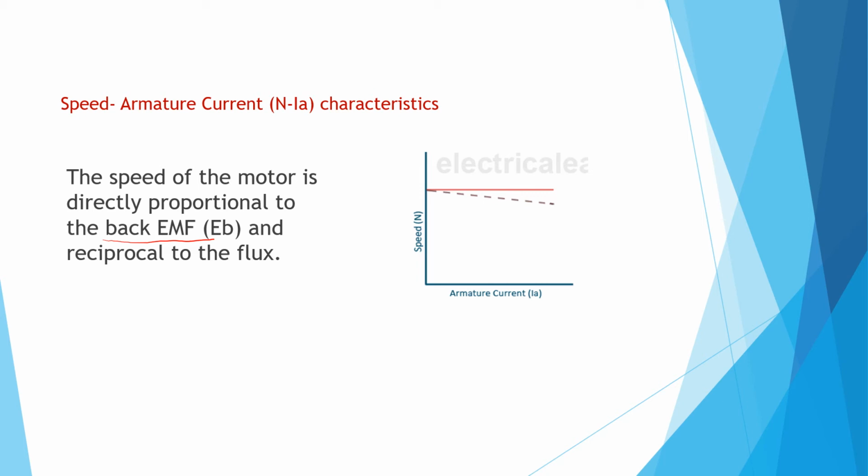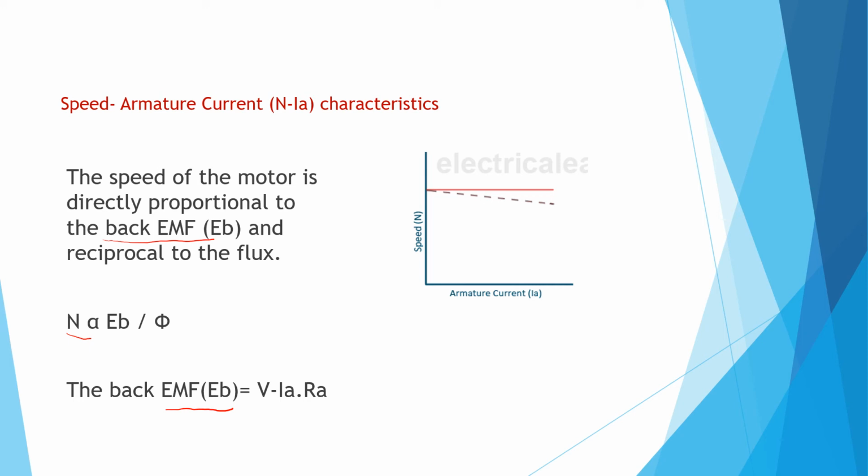So the speed of the motor is directly proportional to the back EMF Eb and inversely proportional to the flux. The back EMF Eb is equal to V minus IaRa. Back EMF of a DC machine is the induced EMF, but V is the terminal voltage.